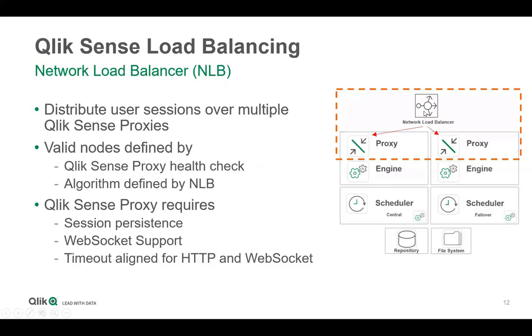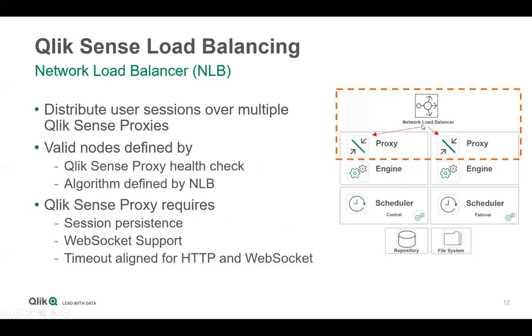This helps with high availability and better performance. The third part is that the network load balancer also does a health check on the proxy. If it finds one proxy is down, it will automatically allocate all future sessions to another proxy. This ensures the user is always able to access Qlik Sense.